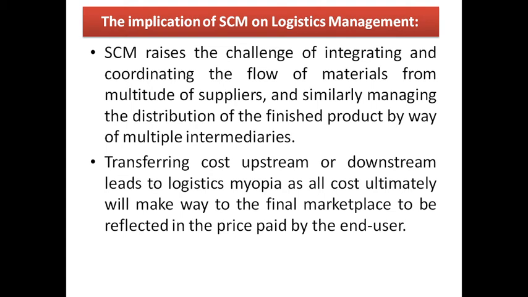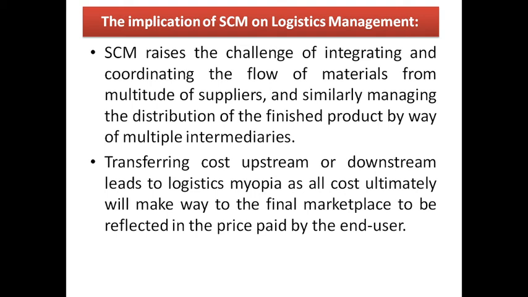As you already learned, the objective of logistics management is to manage the flow in such a way that there is minimization of cost and achievement of efficiency. If the linkage between the parties, that is, the customers, retailers, manufacturers and raw material suppliers, is not good, then it raises a challenge to achieving the objectives of logistics management.